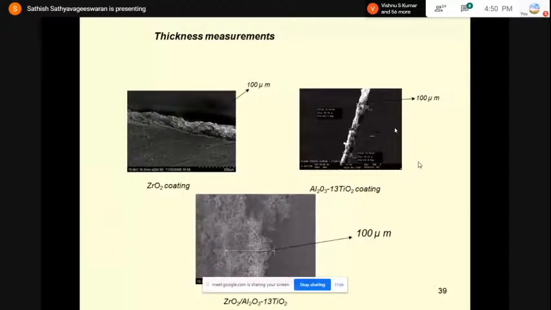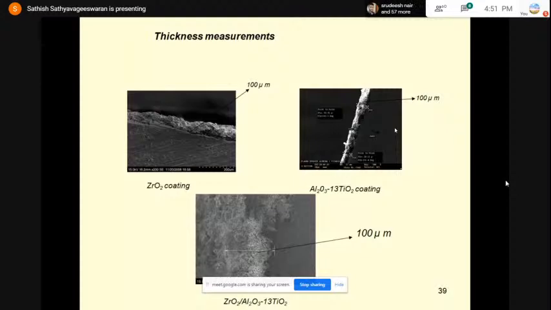If you go for the surface morphology of the zirconia coating, you could see a lot of pores and cracks. Whereas if you go for the bilayered coating, you can see a very dense and compact microstructure, and moreover you could see a lot of fully melted splats with very few unmelted particles. The reason behind the formation of these fully melted particles is, initially you have deposited the zirconia coating as the first layer.